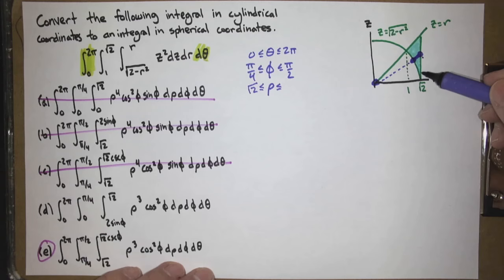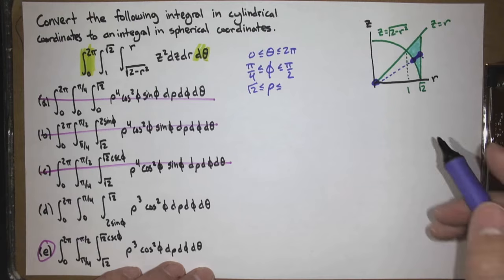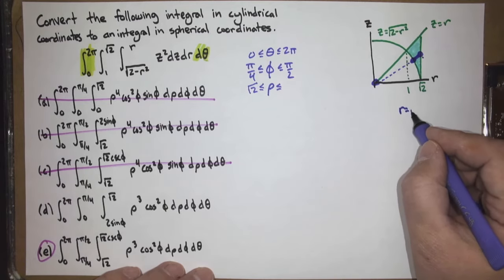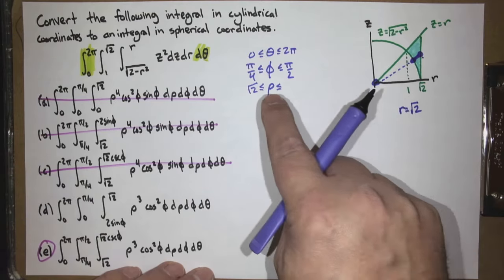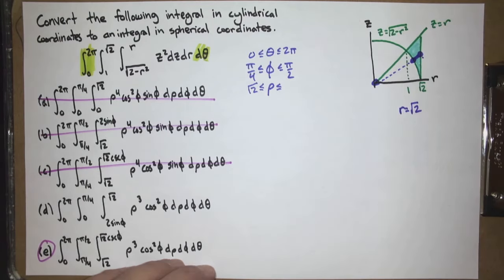Well, we stop at that line. In the RZ plane, what is that line? Yeah, r equals square root of 2. Now, the problem is, that's not rho. But can we rewrite r in terms of rho? Yes. It's almost like there's a formula for it.